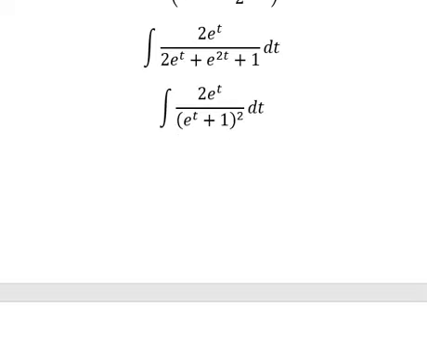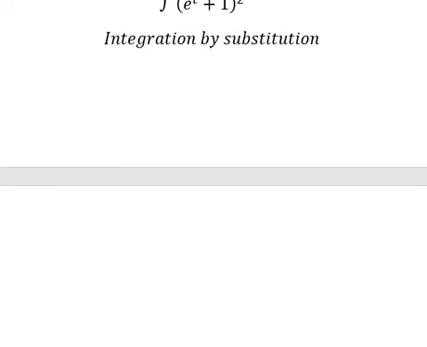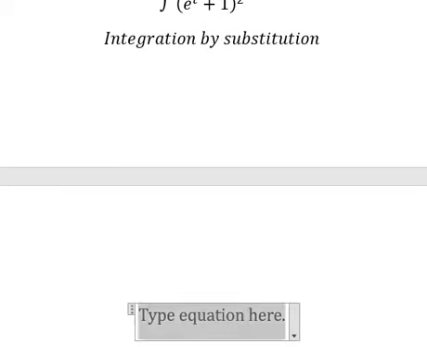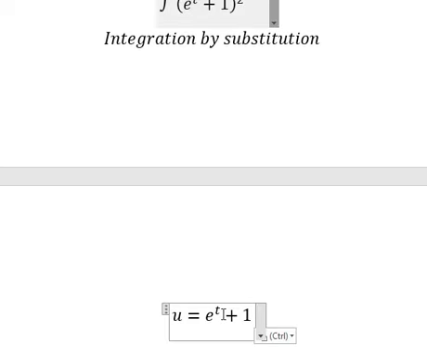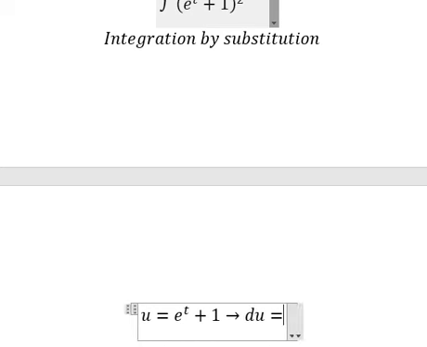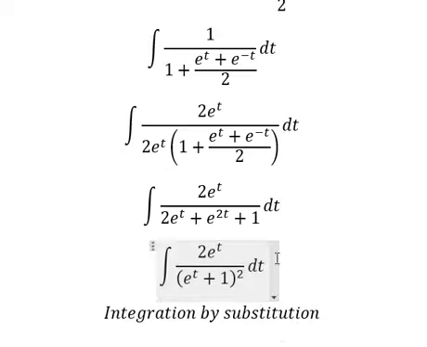So we need to use integration by substitution. So I will put u equals this one. Later we need to first take the derivative of both sides, and we have like this.